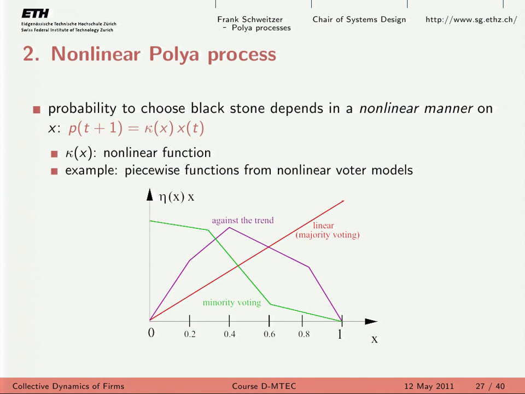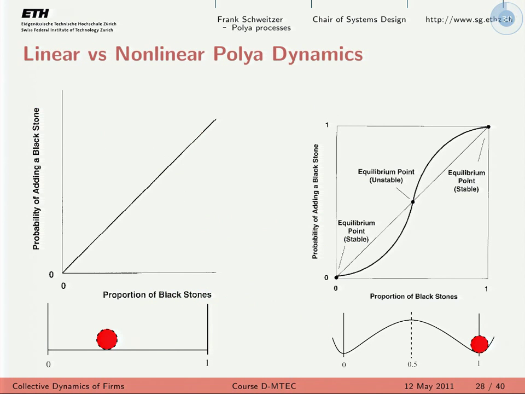Or you could say, okay, I choose a black stone if the proportion is below 0.5, and if it is above 0.5, I choose a white. Right? So you have ample possibilities of setting this relation between what you see in the system and the probability of doing the next step. And that's called the nonlinear Pólya process. And choosing any form of this proportionality results in a considerable difference. The linear Pólya process, what is this? Yeah?